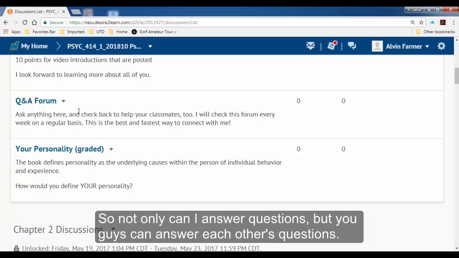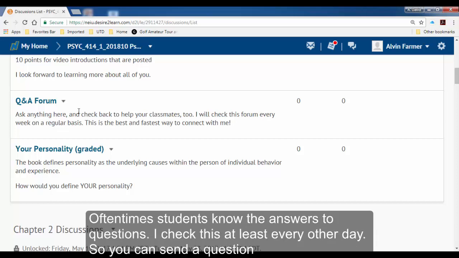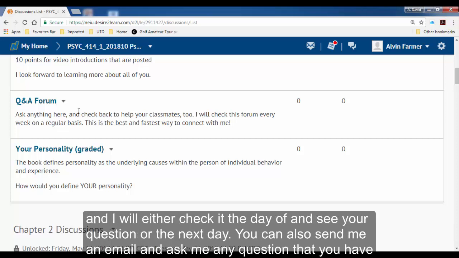So not only can I answer questions, but you guys can answer each other's questions. Oftentimes, students know the answer to questions. I check this at least every other day. So you can send a question, and I will either check it the day of and see your question, or the next day. You can also, of course, send me an email and ask me any question that you have.